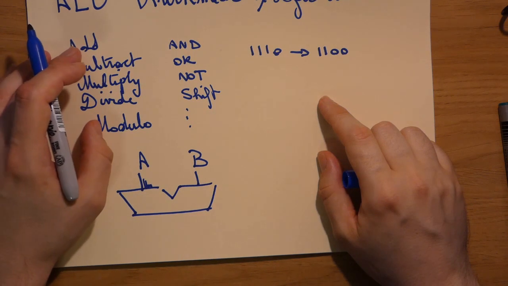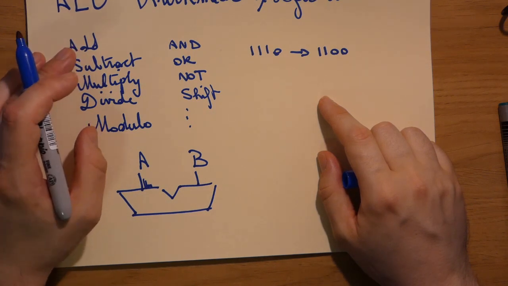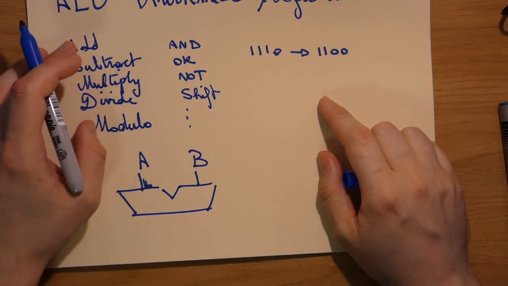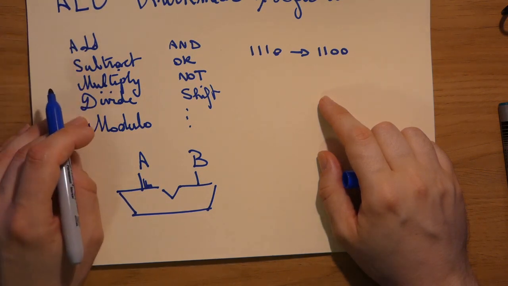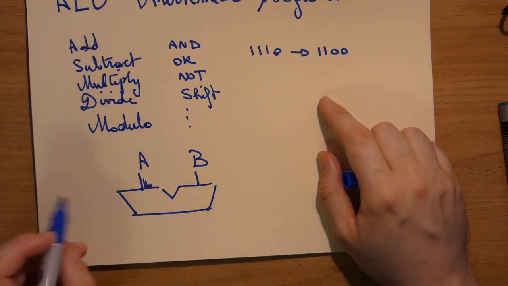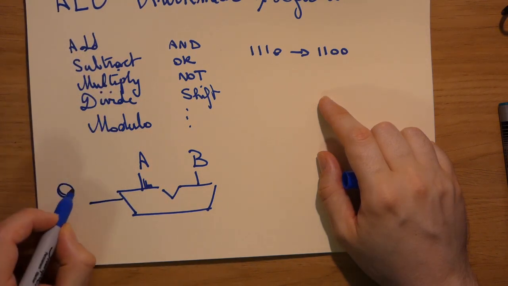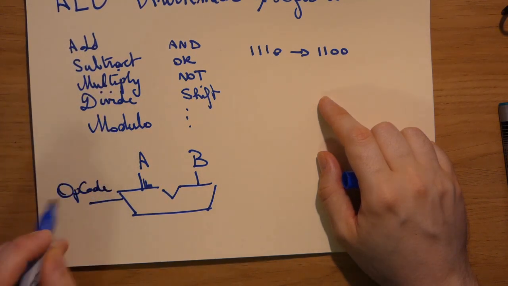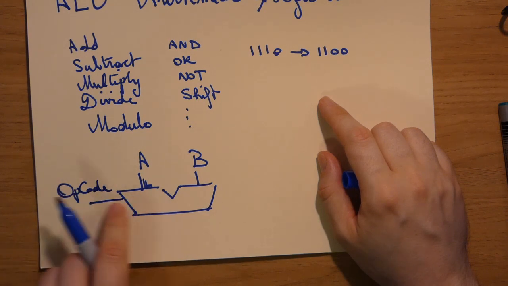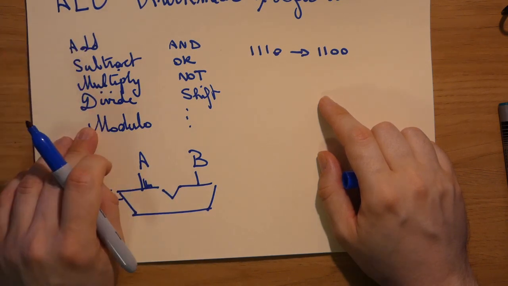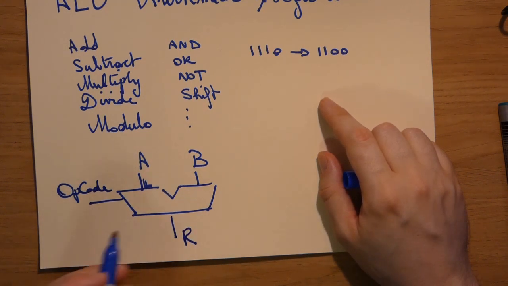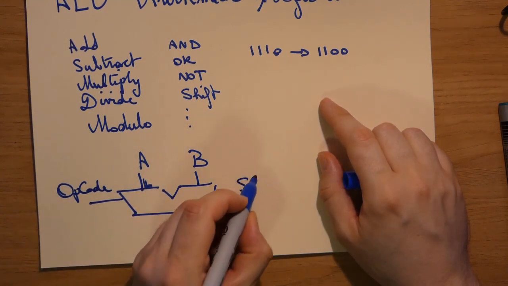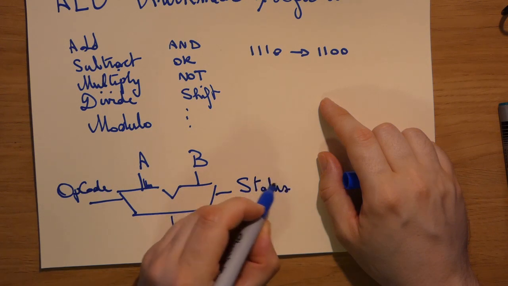Since it can do all the different operations, I need to tell it which operation to perform. So each operation will have an operation code, or for short an opcode. So there'll be a separate number here I have to input to tell it which operation to perform. It will produce a result, and then it will give me a status.